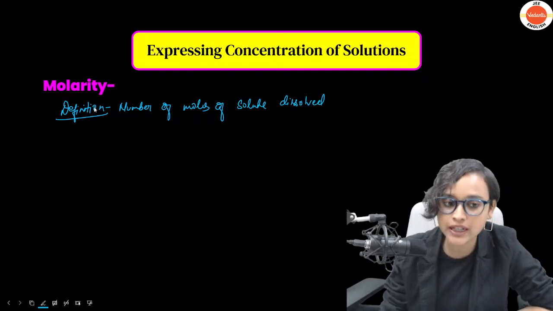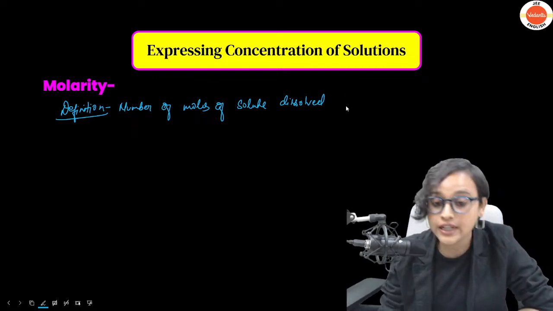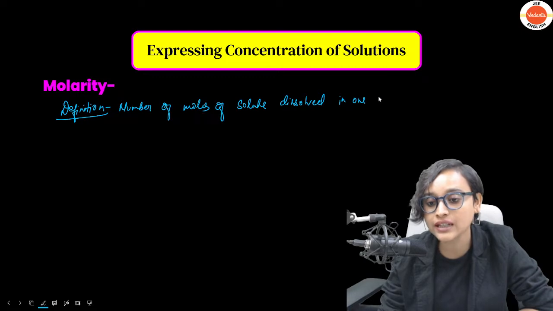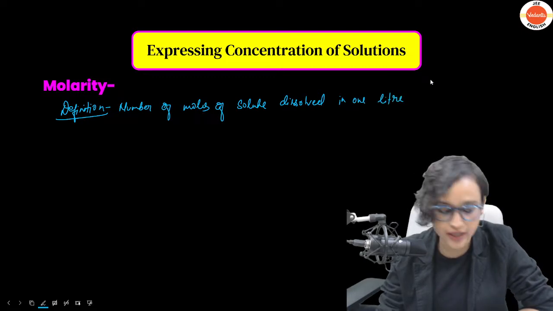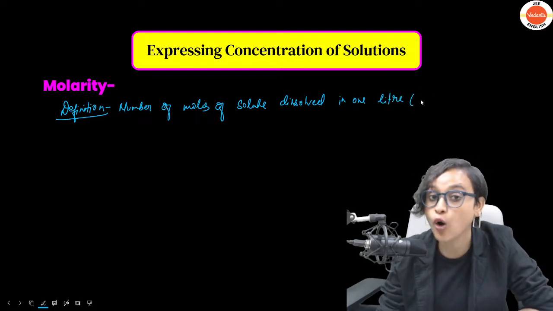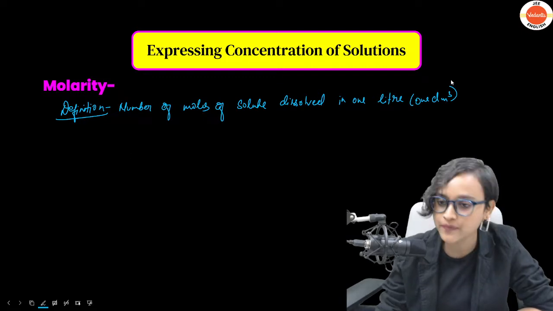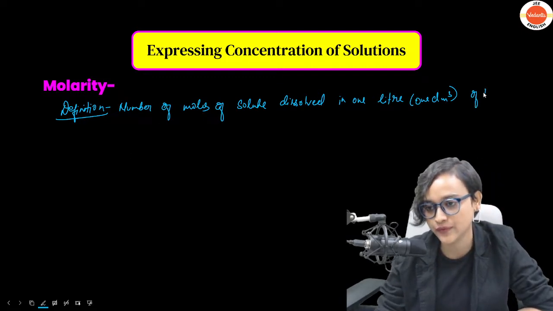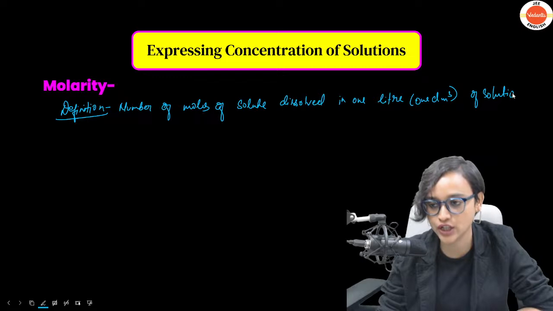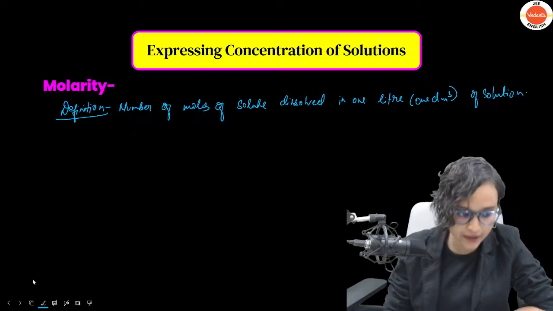Getting my point, everybody? So number of moles of solute dissolved in 1 liter, or you can also write it as 1 dm cube, of solution. That's your definition, everybody.